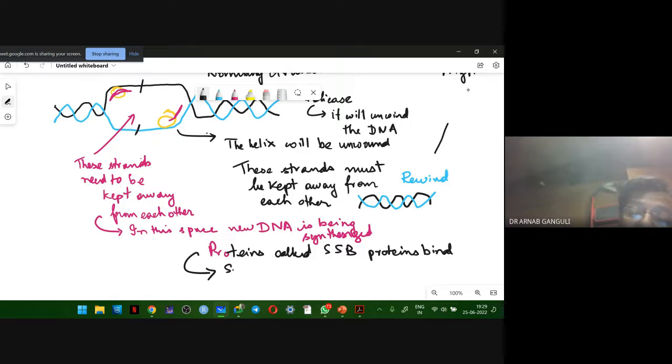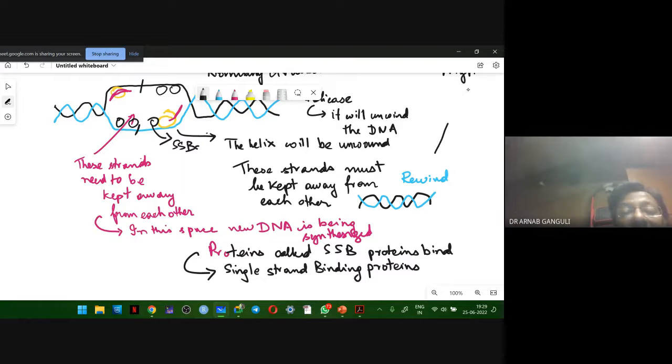This means single strand binding proteins. They will bind and keep the two strands away from each other.